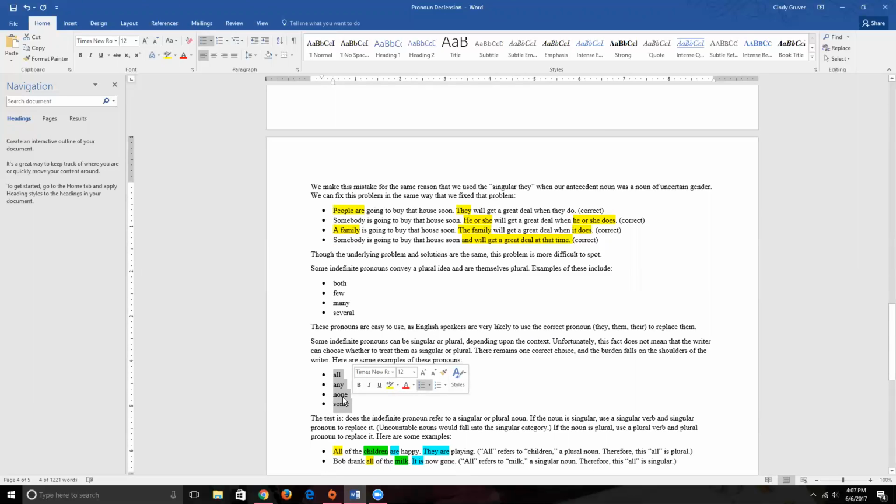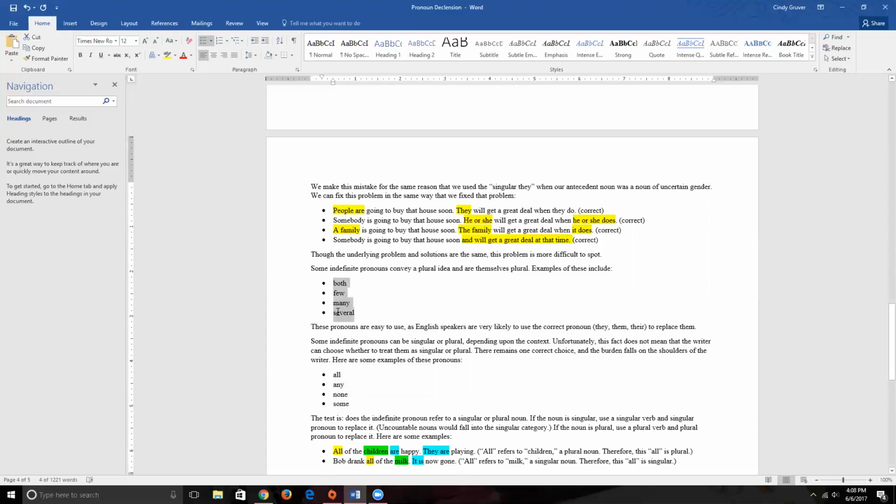But it's not certain just when you see these words whether they are going to be grammatically plural or grammatically singular. So sometimes we say all are, and sometimes we say all is. And so you can't rely upon a rule.